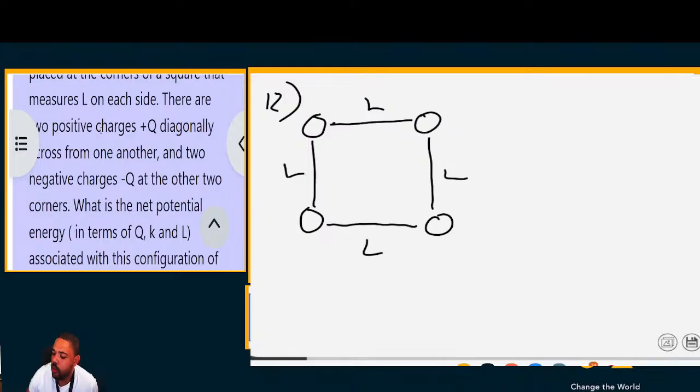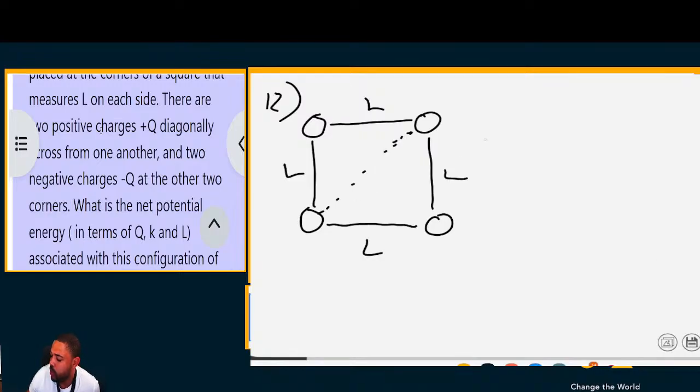And just for fun, because I think somewhere we might need it, let's calculate the distance between the diagonal charges. It'll be the same for these two and these two. So that distance would be L square root 2.